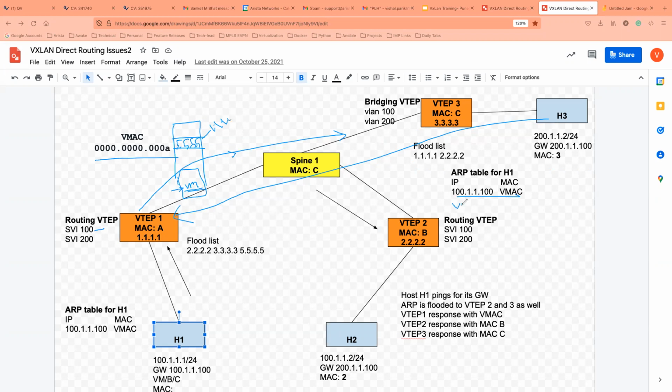For the virtual MAC, you are learning through 1.1.1.1, and there is a gratuitous ARP also coming from 2.2.2.2. So you will see this flap, which we discussed. So whenever your sender MAC, the source MAC, is the virtual MAC, your outer VTEP IP also should be virtual, not the physical VTEP IP.